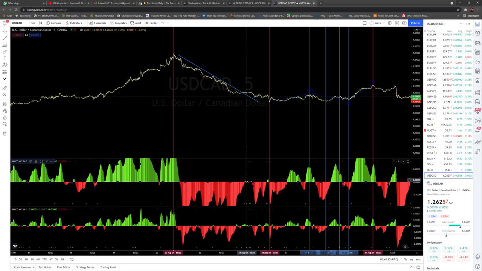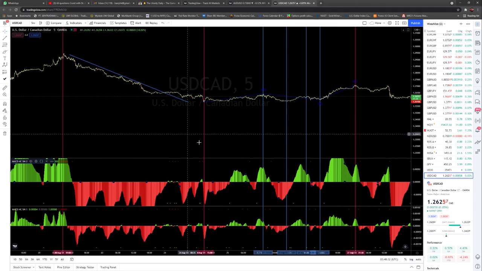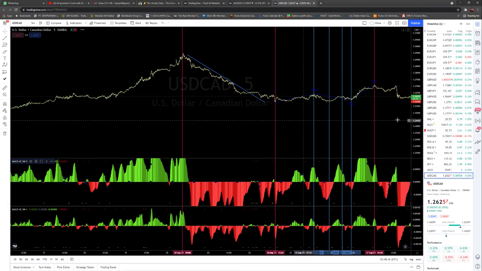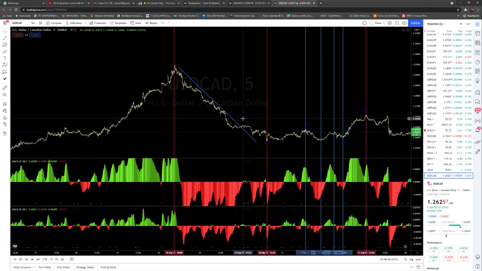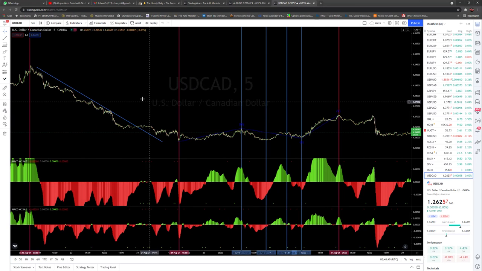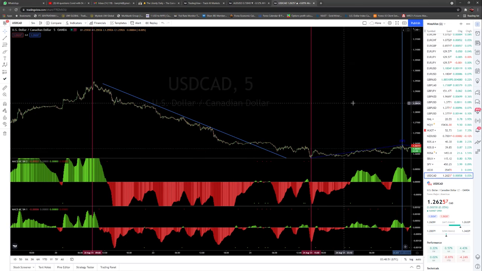So 1, 2, 3, 4, 5. Okay. So let's see, 1, 2, 3, 4, 5. How many pieces do we have now? Okay, starting from here, going all the way to the top. This is not very clear, sorry.